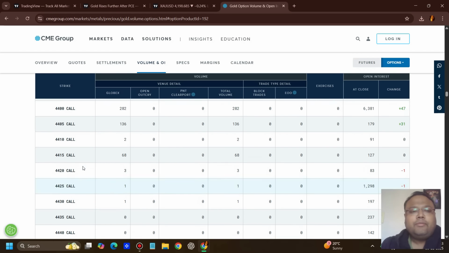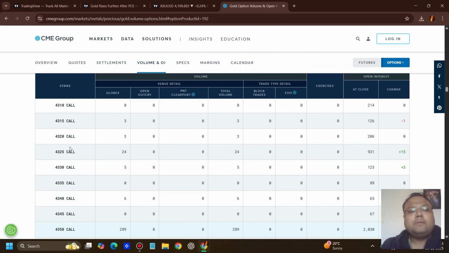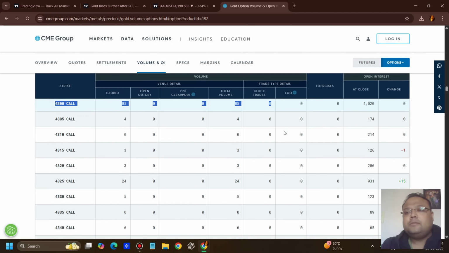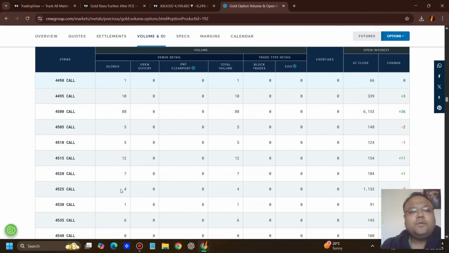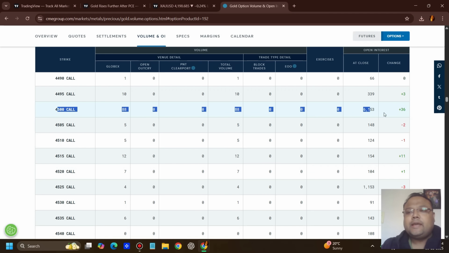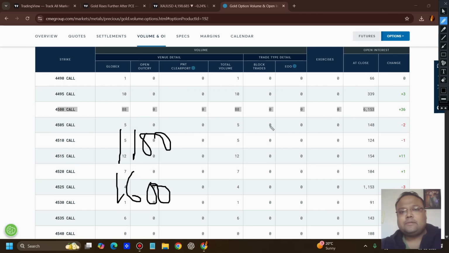But if we look at the other side, you can see 4400, how many contracts? 6381 contracts. If we look at 4300, we have 4000 contracts. If we look at 4500, again we have 6000 contracts. So if the market starts falling, the number of contracts is very small. On one side we have around 1100 and 1600 contracts, but on the other side we have 6000 plus contracts.